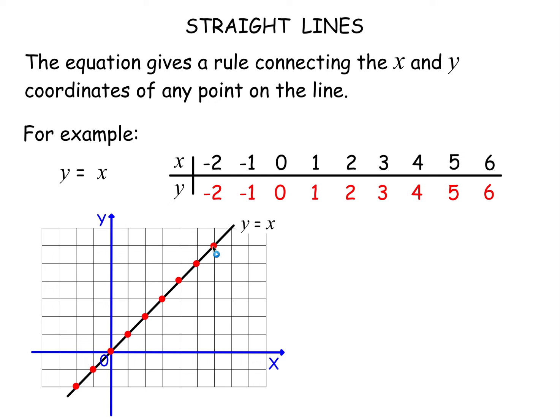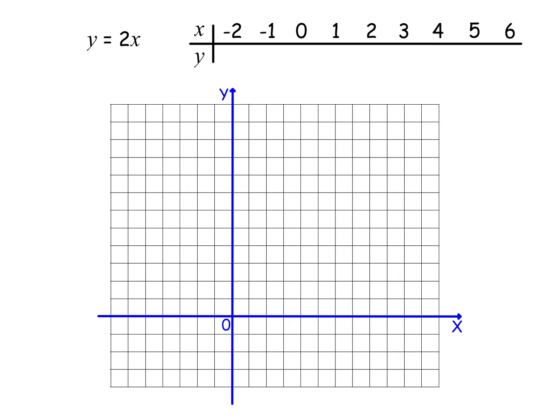Any point on that black line fits the description: the y coordinate equals the x coordinate. Here's another line. It says the y coordinate is twice the x coordinate. So if the x coordinate is -2, the y coordinate is twice that, which is -4.